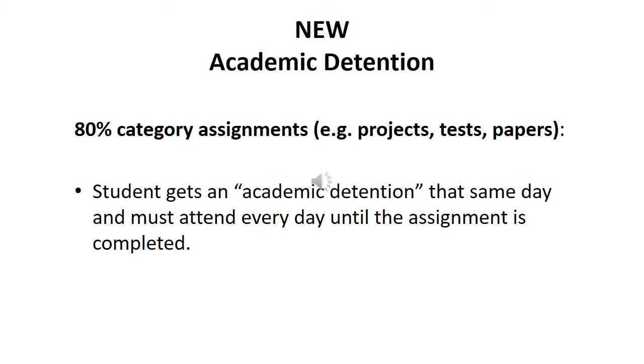If a student does not have that assignment the day it is due, the student gets an academic detention that same day, and they need to attend academic detention until the assignment is completed. Teachers will email parents that same day to let them know that the student needs to stay after, during the 3:15 to 3:45 time.